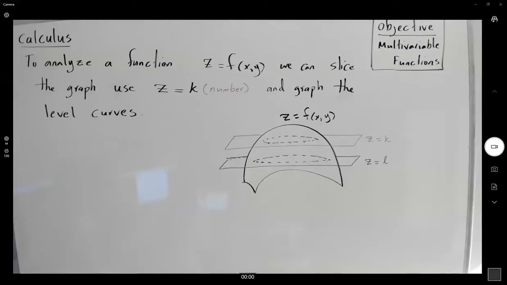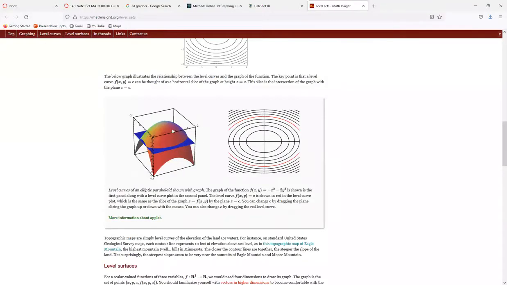For example, if you have this 3D object, f of x and y equals negative x squared minus 2y squared, you can slice it using different level curves, different z equals k. You see this plane, which has equation z equals k, is moving along, slicing this 3D object, and you can see these level curves in 2 dimensions on the right-hand side.